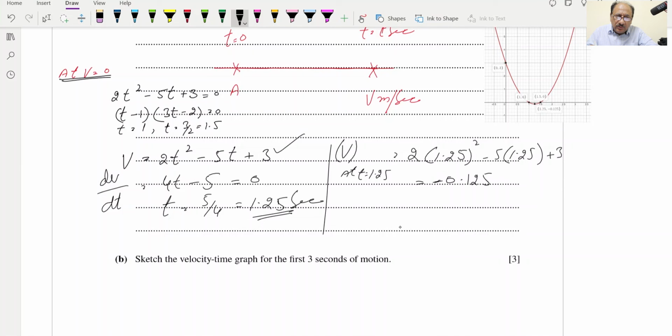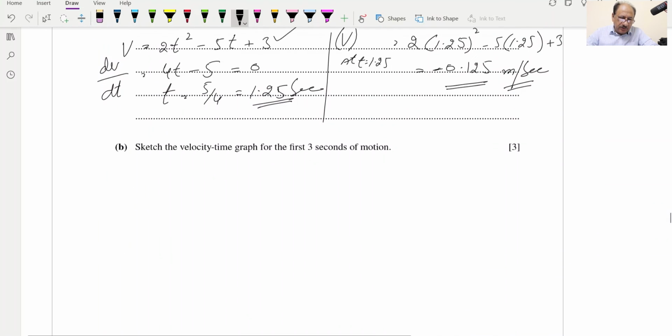This will be the velocity, and it is negative in direction. The units of this velocity will be meter per second, which we can write over here.